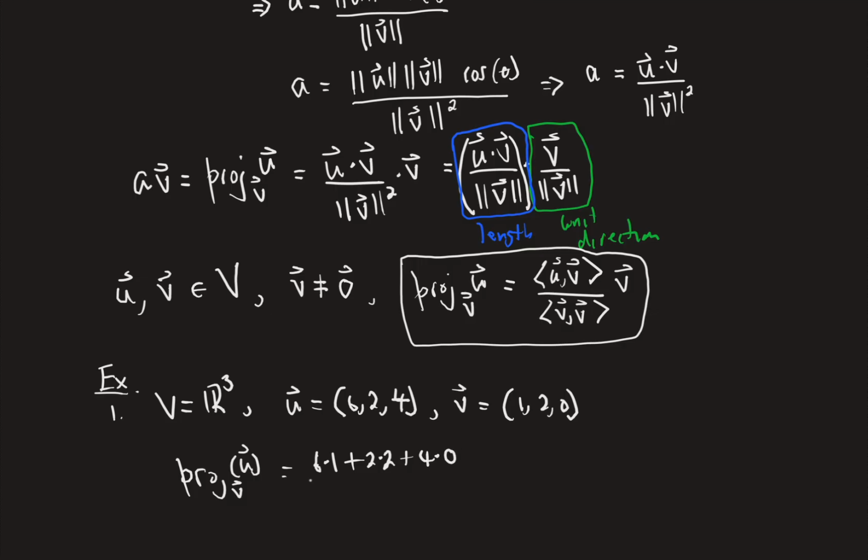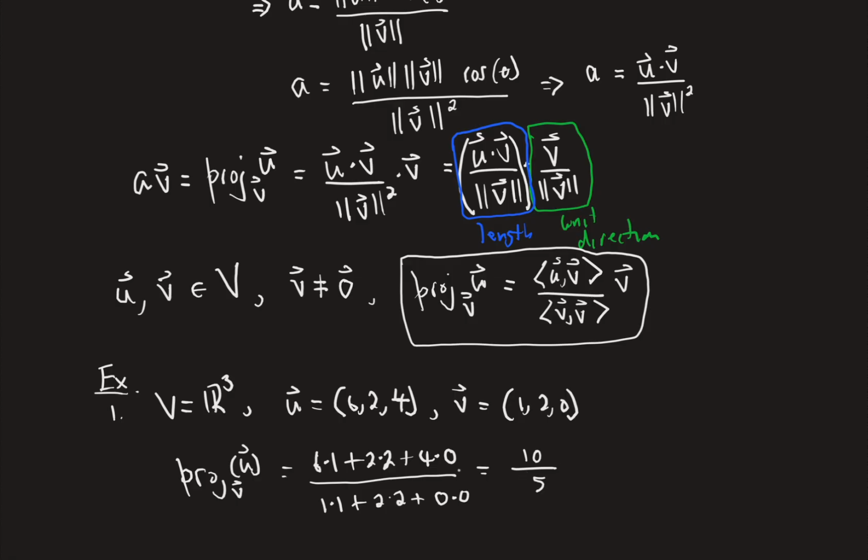That's the inner product slash dot product. And then the dot product of V with itself, that's going to be 1 times 1 plus 2 times 2 plus 0 times 0. And you can see where you get that expression that would show up under the square root of the length, right? So the numerator simplifies to just 10. And the denominator simplifies to 5.